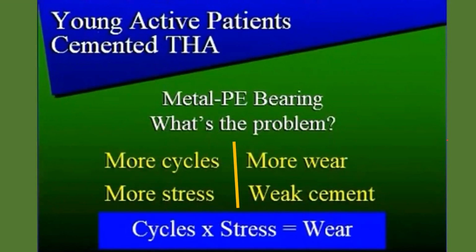So, when you have a young active patient and you insert a cemented total hip and you use metal on polyethylene bearings, what is the problem? Why do we have a problem? The patient is young. We have more cycles and weak cement. So cycles times stress all lead to wear. فما تنسوا اياها.